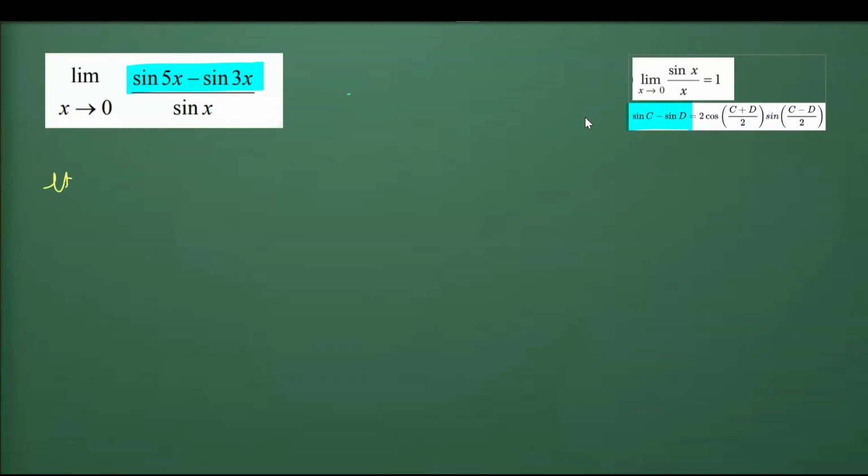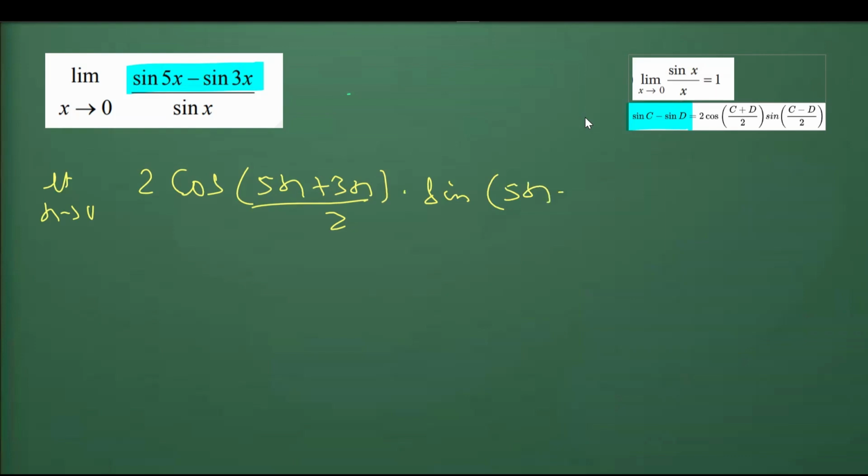Applying c and d, sine c minus sine d is 2 cos c plus d by 2 into sine c minus d by 2. So it's sine c minus d, that is 5x minus 3x by 2. And that whole divided by sine x in the denominator.